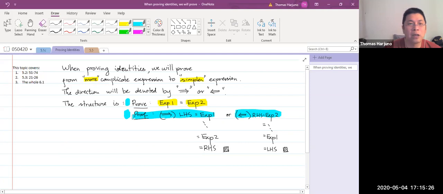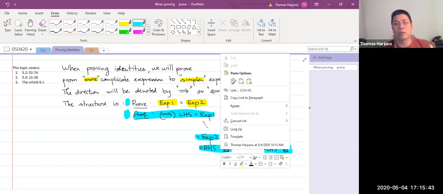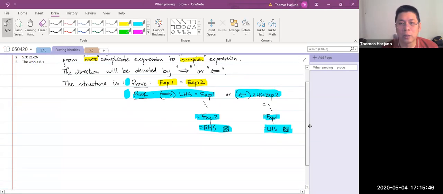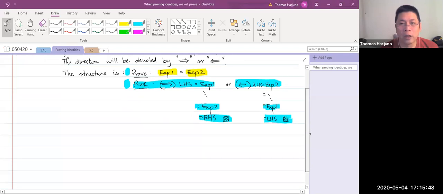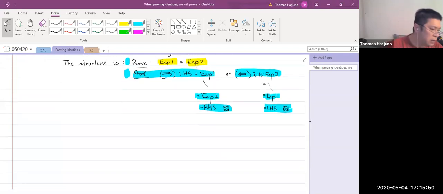Now your last two lines will be the other side, and this. It has to be in this form. Of course I can say so many things about this, but you won't get it unless I do examples. I believe I did some examples last time when I proved some identities, but let's do examples here.